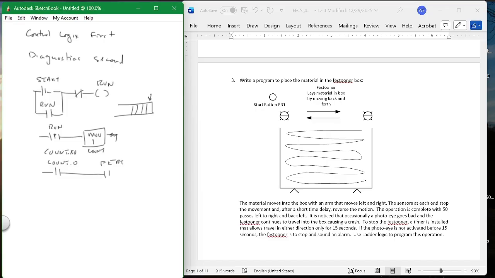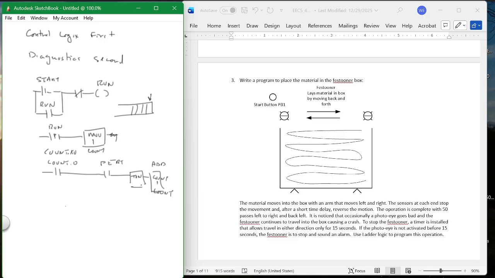Either I hit the photo eye and I stay with the photo eye, and then I have a timer, and usually this will work. When that timer times out, what do I do? Increment my counter, add 1 to the counter. Count plus 1 going back to count.